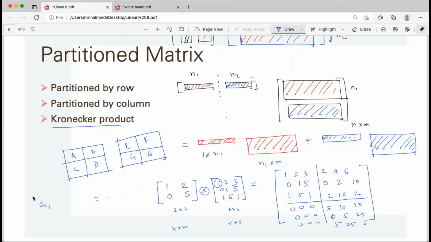If A is Aij, then A Kronecker B is a partitioned matrix: A11 B, A12 B, and so on up to A1n B. So it's a partitioned matrix, and these are all scalar multiplications. So you just check whether I'm right or not.